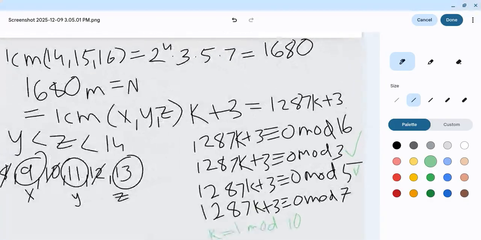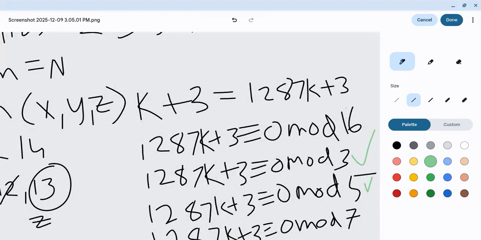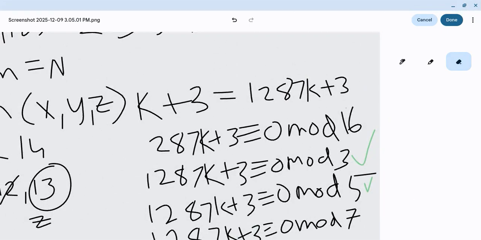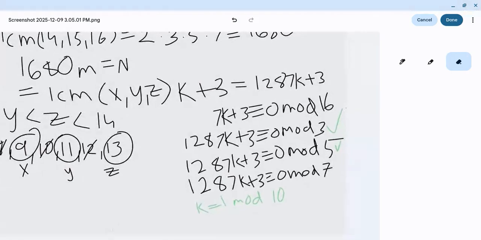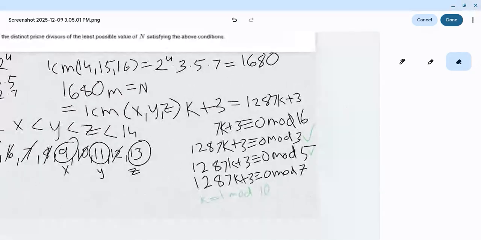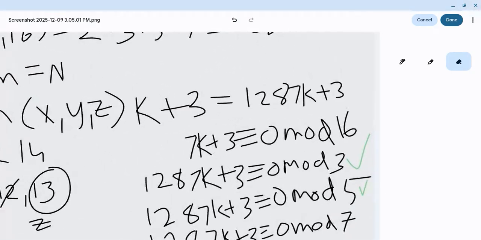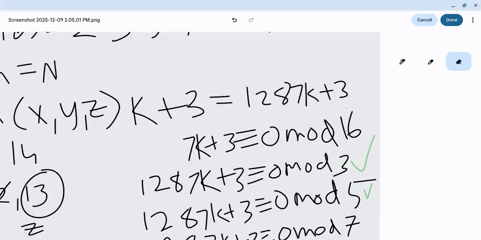Next, we can look at mod 16. So 1287 mod 16 is just 7, so you have 7k plus 3. Now let's start with 0 and plug in numbers until we get that 7k plus 3 is a multiple of 16.